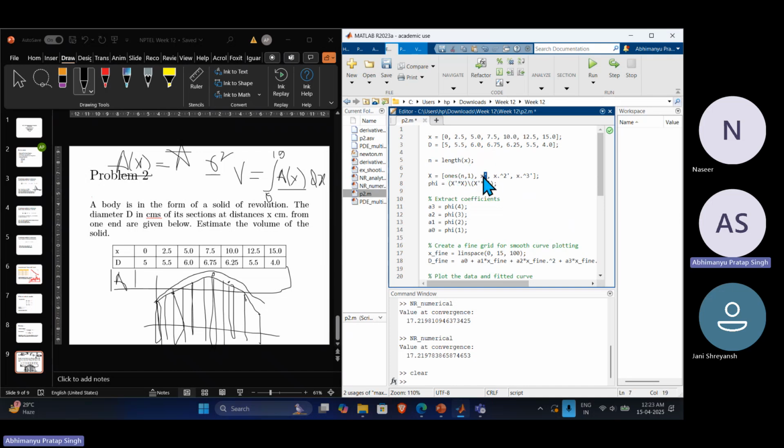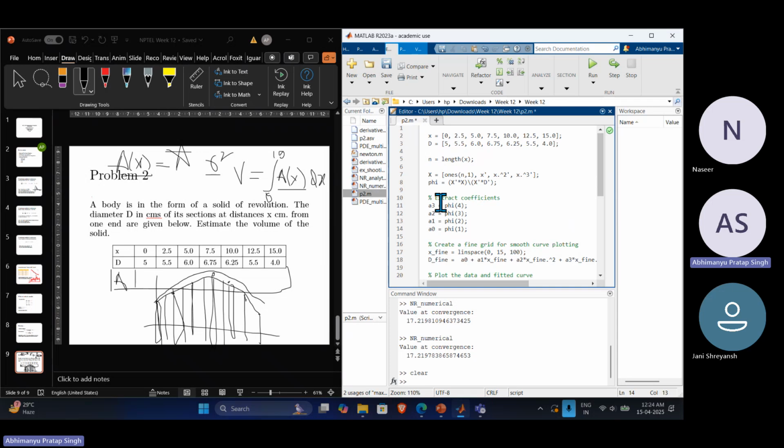Then its x values, then x square values, and then x cube values. Okay. And then this is my least square solution for the coefficients. I'm extracting the coefficients here: A3, A2, A1, A0.